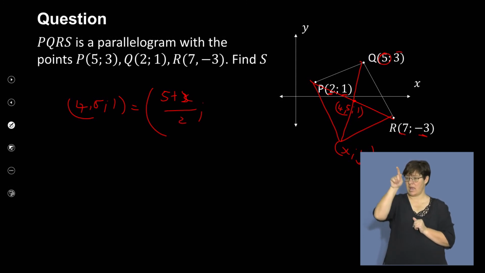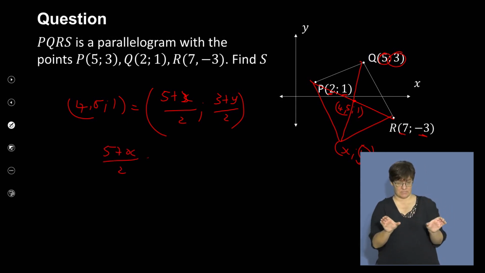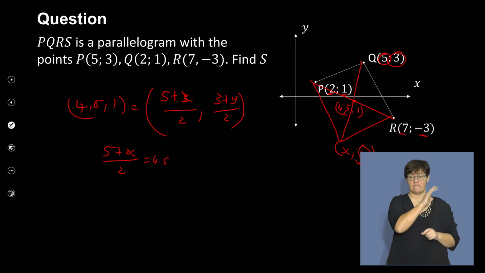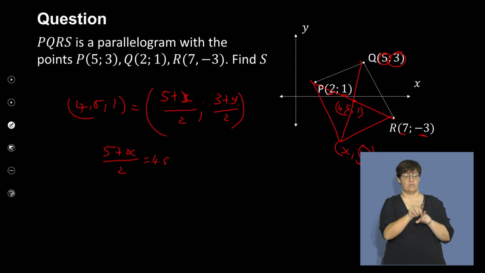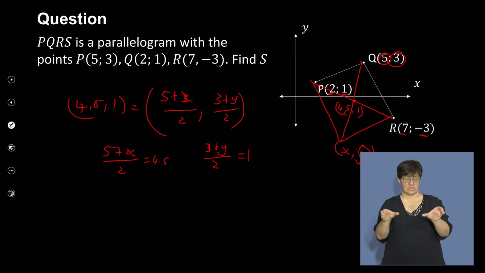And the y value plus the y value divided by 2, and that needs to give me -1. Then I'm going to set up two separate equations. 5 plus x divided by 2 is 4.5, and this y value, 3 plus y divided by 2 is equal to -1. Those are two separate equations. I'm going to solve for them.